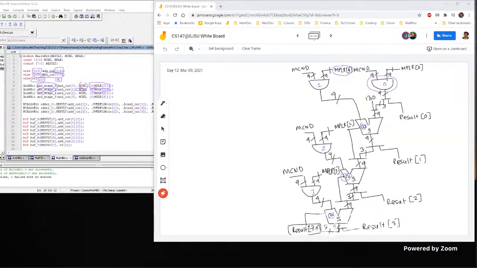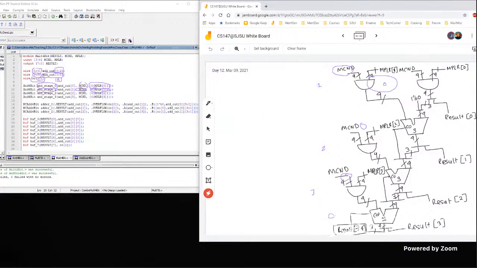And on the adder side, look at here. This is my adder instantiation 0, which is here. The next one is 1, which is here.